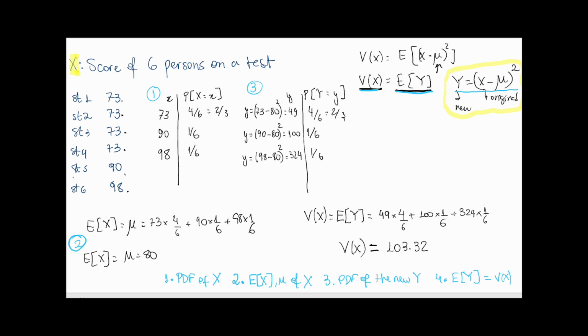All right, so 4 steps, so this is the last step. 1, do the PDF of x, so that in 2 you can calculate the mean. Then do the PDF of this new created variable, which has a nonlinear relationship. And then after you have that PDF of the new created variable, just calculate the expected value of the new created variable.